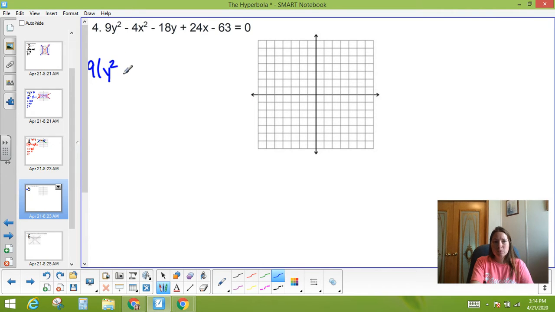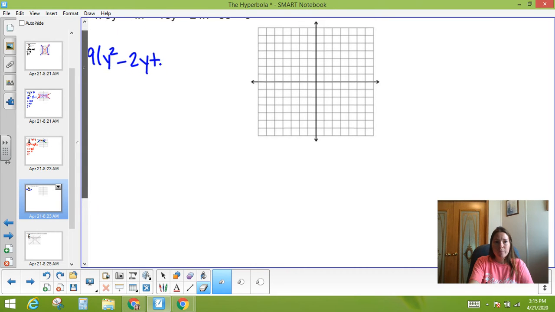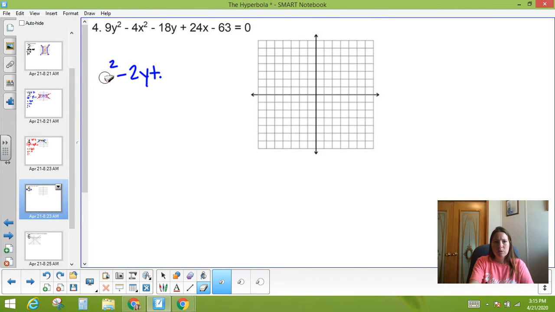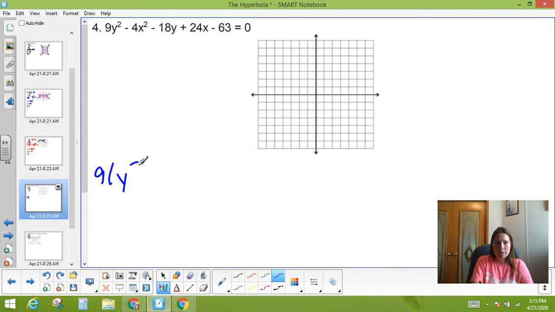So we're going to have y squared. And then this is minus 2y plus a blank. I probably should have done this way lower because I'm going to run out of room. Let me, sorry, that made you dizzy. Let me move this down. All right, so 9, and then we have y squared minus 2, because 18 divided by 9 is 2, plus blank.